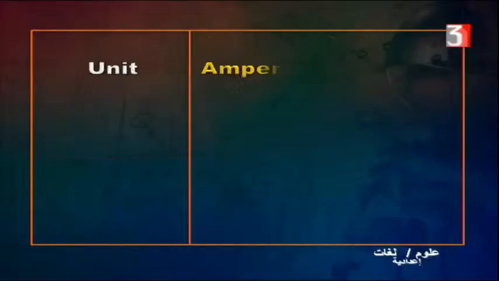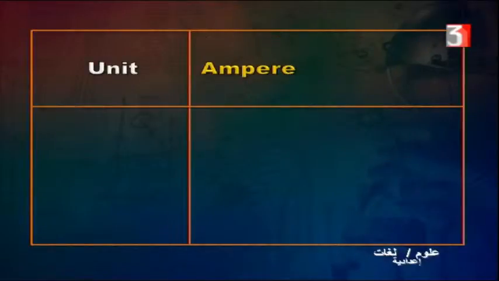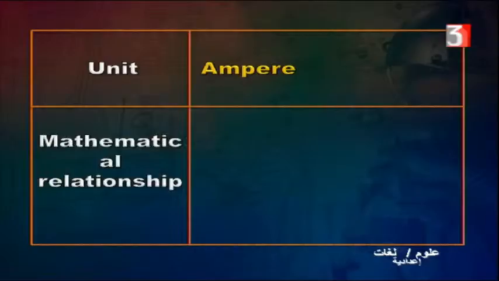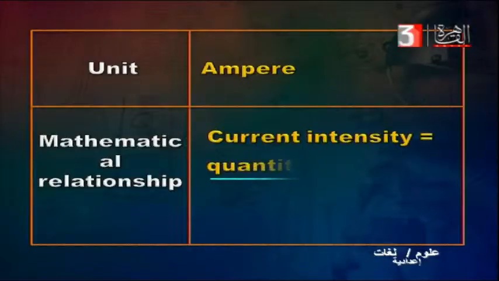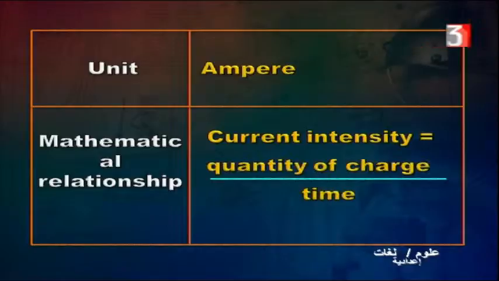The measuring unit of electric current intensity is the ampere. And the mathematical relation is: electric current intensity equals quantity of electric charges over time, and time should be in seconds.